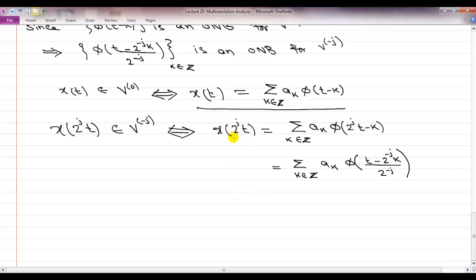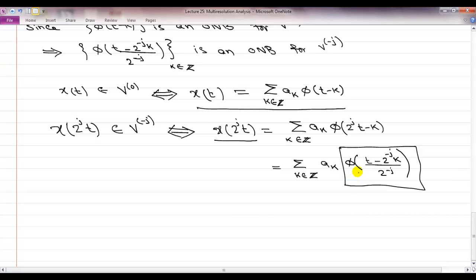So in a sense, you can say that, again, there are some holes in this argument. I want you to be aware of that. But in some sense, you can say that this function, which belongs to V of minus j, can now be represented as a linear combination of these functions. Okay.